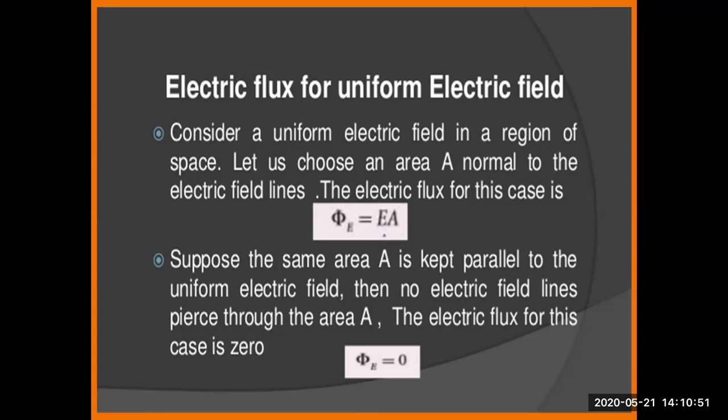When the lines and the plates are parallel, there is no question of intersecting or crossing. So it's very simple: the electric flux for a surface parallel to the electric field lines is zero. Phi E is zero. Okay, I think it's very much clear now.